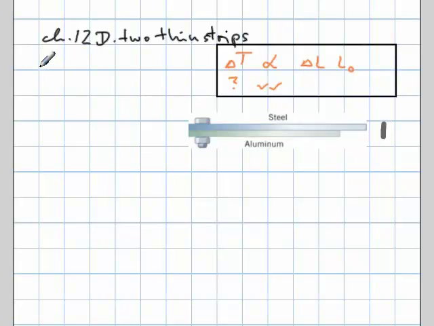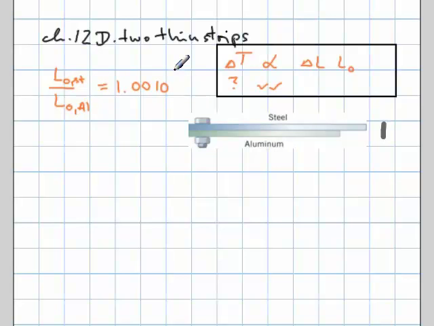What is given is that for the steel strip, the L0 of the steel divided by the L0 of the aluminum is given, and it is 0.1% longer. So I'm going to put that 1 right there. This one here is 0.10% longer, and of course this is a ratio, so it doesn't have units. So that's basically what's given.